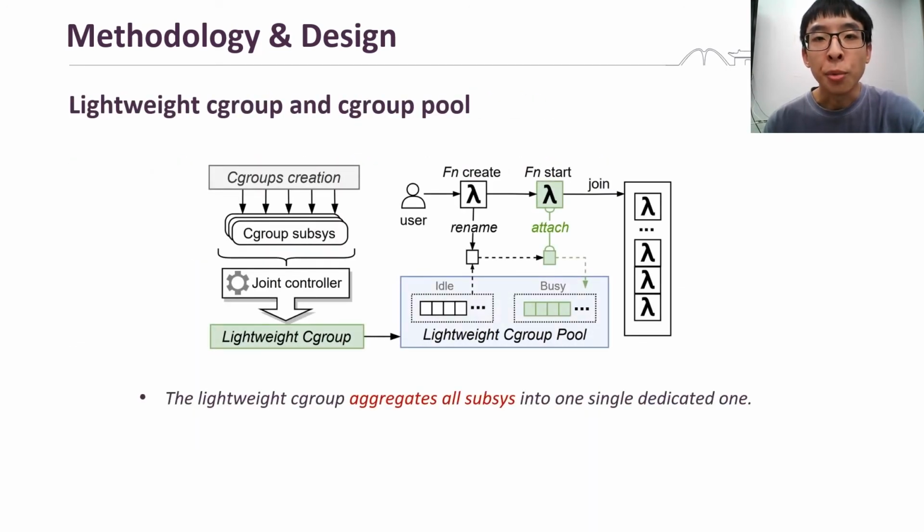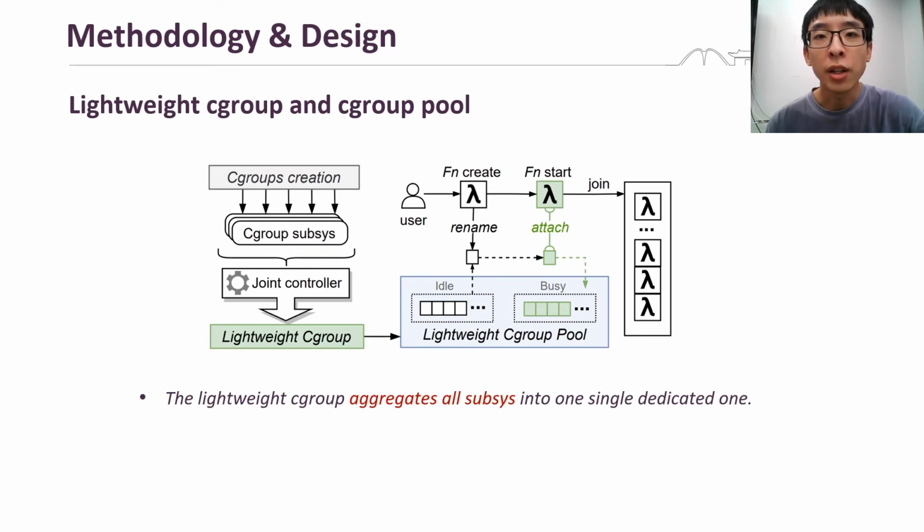Serialized cgroups operations in the host become one of the bottlenecks of secure containers with high concurrency startup and high density deployment. RunD proposes lightweight cgroup with cgroup pool to resolve these challenges. The lightweight cgroup decreases the total number of cgroups and the system costs.